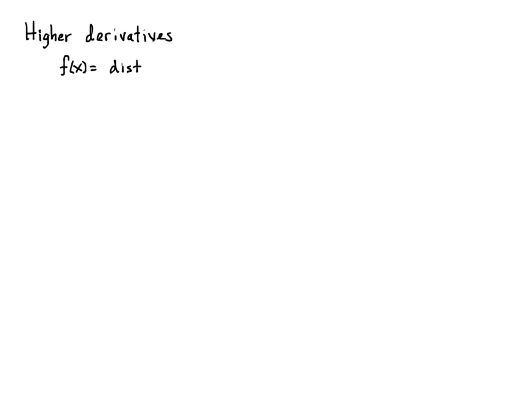Now, we don't have to stick with one derivative. We can keep on taking derivatives of functions until our needs are satisfied. Very often with a polynomial, the function disappears. We just get the derivative equals 0. But let's look at the meaning of what a higher derivative is.